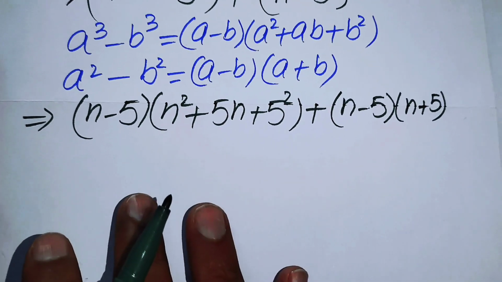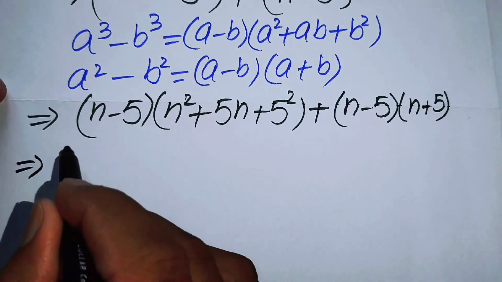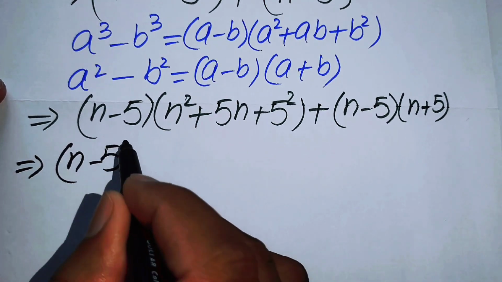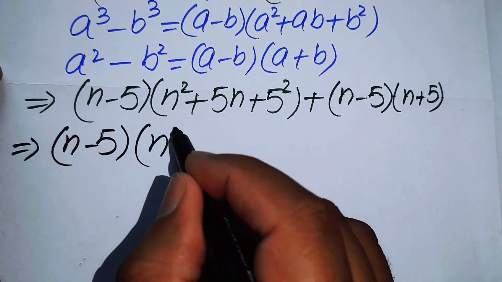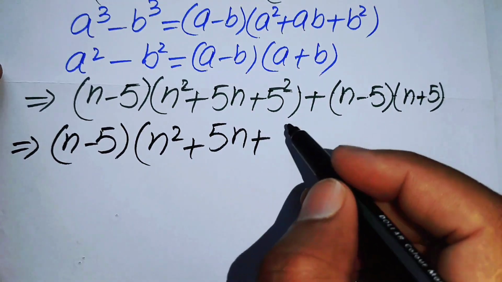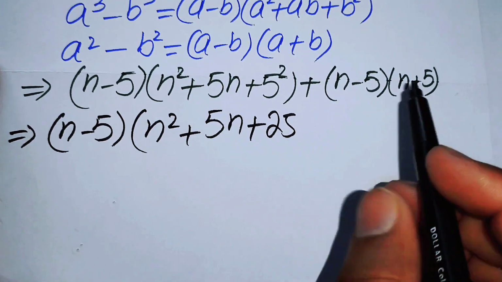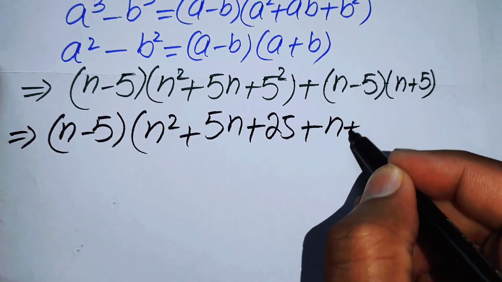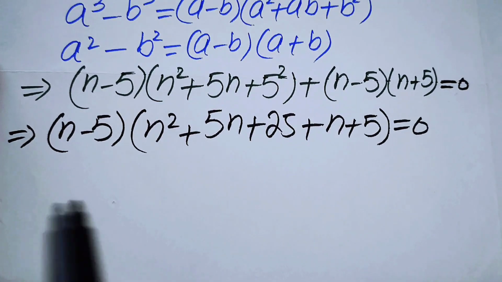Now you focus on both of the terms and you see that we can take n minus 5 common on both of them, so it becomes n minus 5 times, here we take common n minus 5, n squared plus 5n plus 5 squared, and 5 squared is equal to 25, plus n plus 5, is equal to 0.